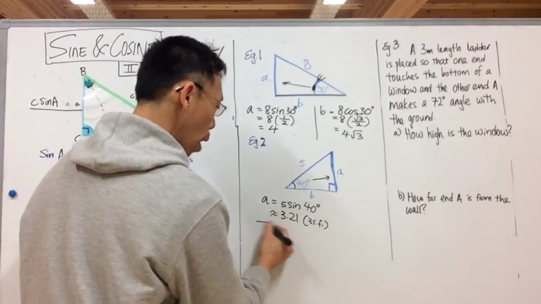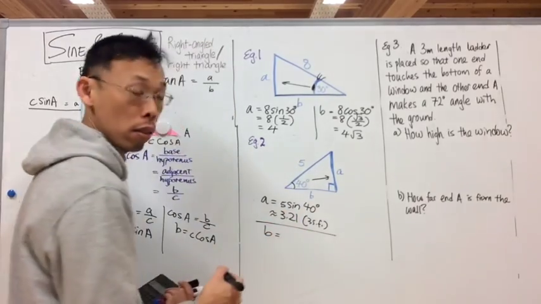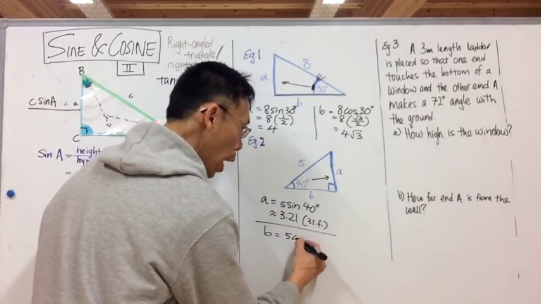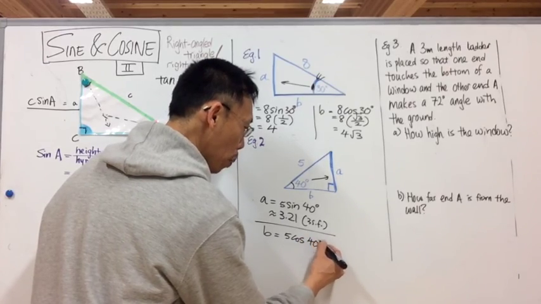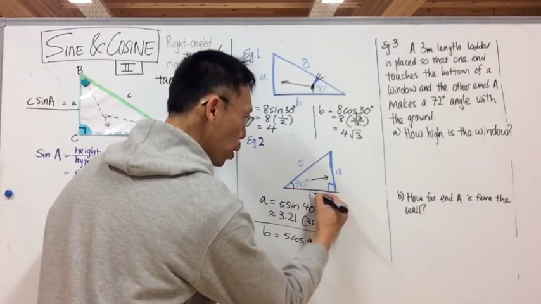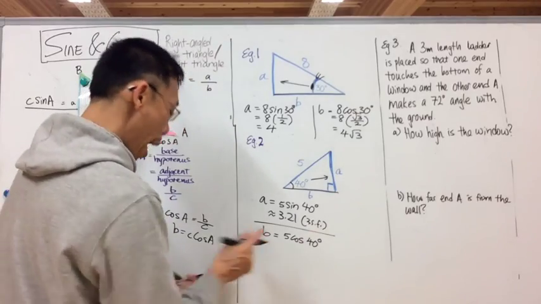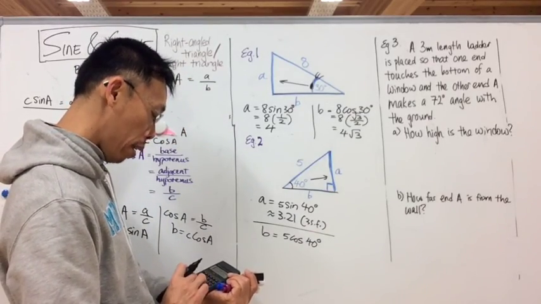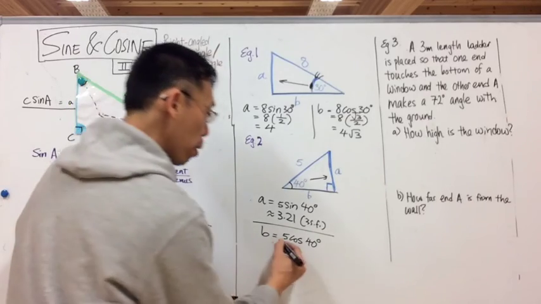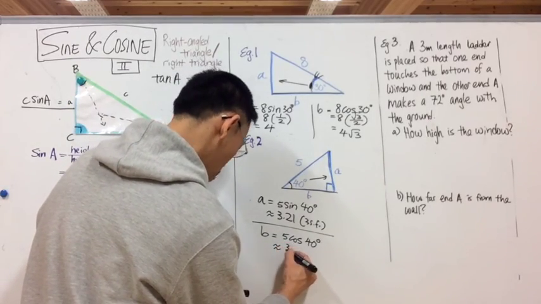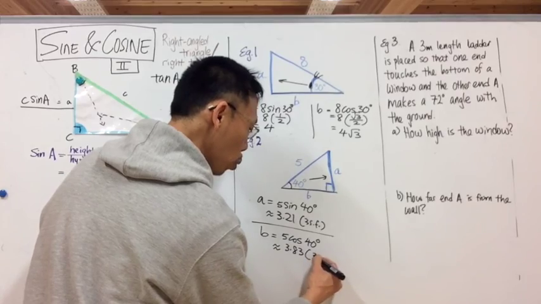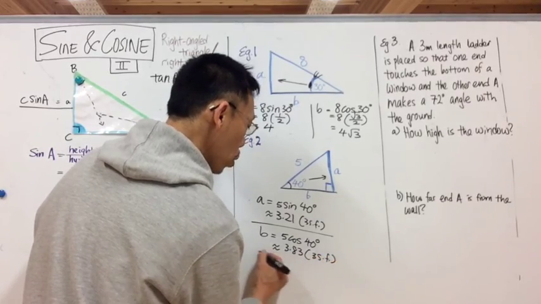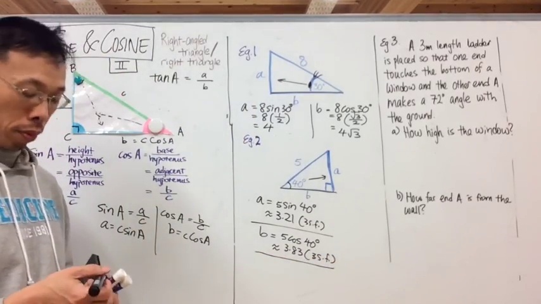And how about b? Well, b is 5 cosine 40 degrees because it's on the ground and you put a carpet on the ground. Using your calculator, cosine 40 degrees times 5, you get roughly 3.83 to 3 significant figures. So here are the answers.